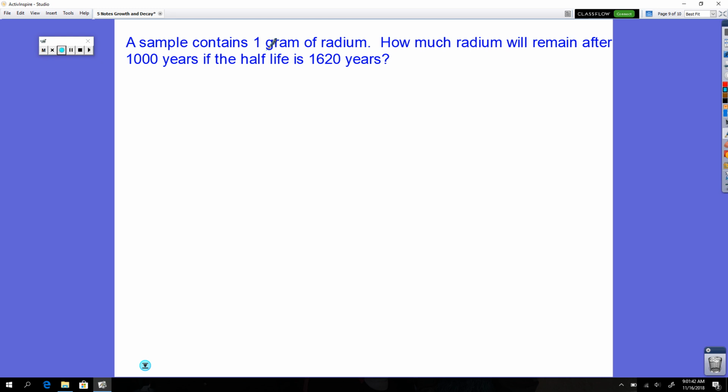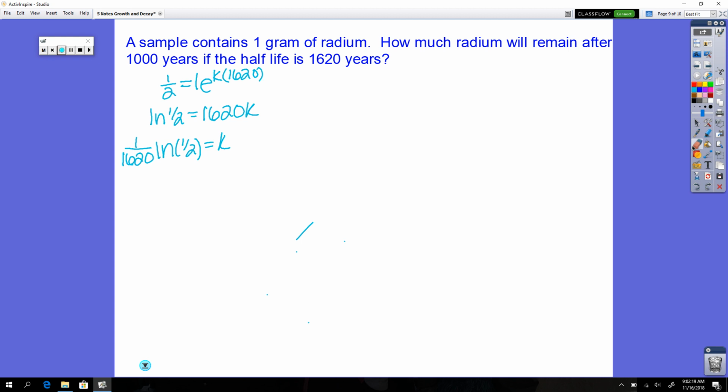So if I start with 1 gram, which would be my C, then half-life would mean that I would have half of it left. e to the, I don't know what K is, but it took me 1,620 years to get that half. So I'm going to take the ln of both sides because I don't need to divide by 1. And divide. So K is 1 over 1,620 ln of 1/2.